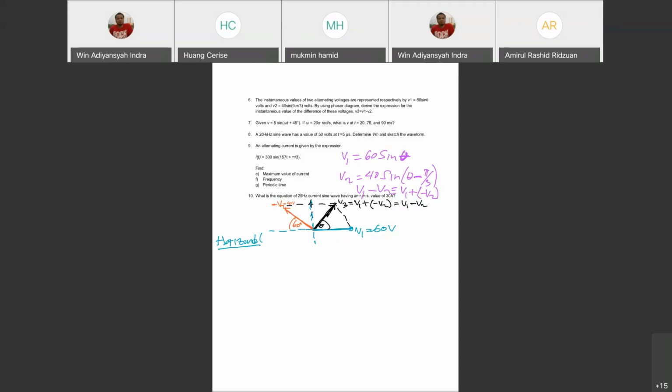We have V1, which is 60. V2, we need to project V2 onto the horizontal axis, the x-axis.